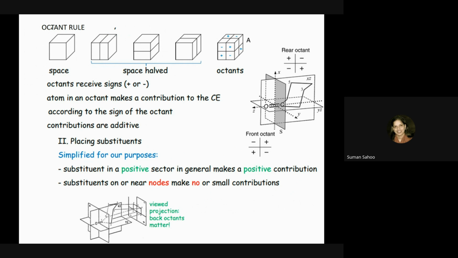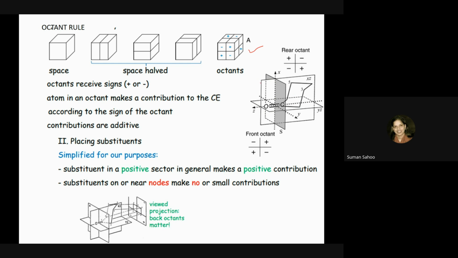How is this visualized in the case of a carbonyl? You just see in this plane that the space around your carbonyl cyclohexanone can be divided by three mutually perpendicular planes, and that gives you octants.